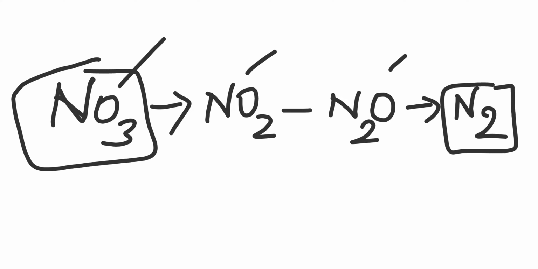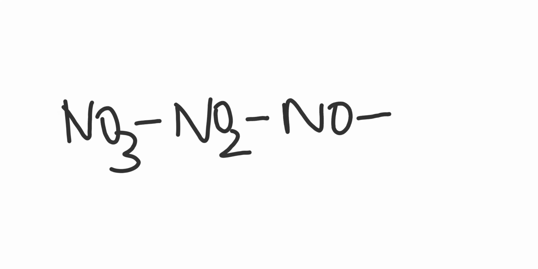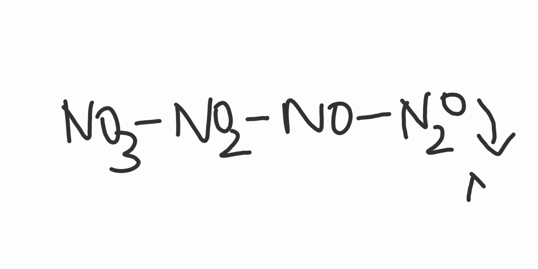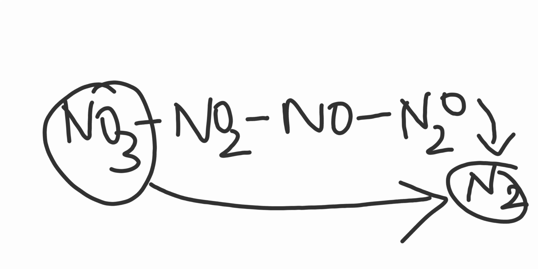Then one more step here, NO. Again, NO3 first converts into NO2, then into NO, then into N2O, and then in the form of N2 it goes outside. This is the entire denitrifying process, converting NO3 into N2.